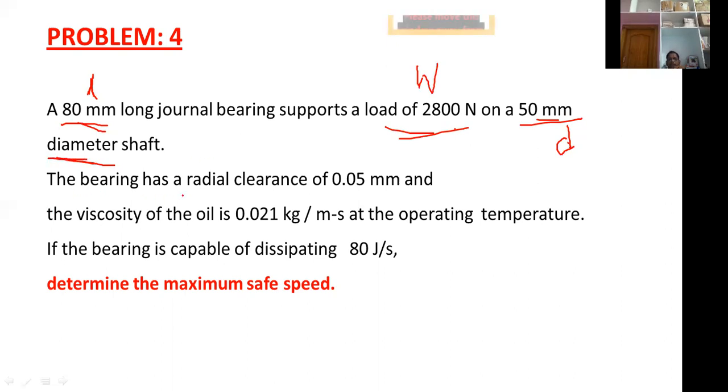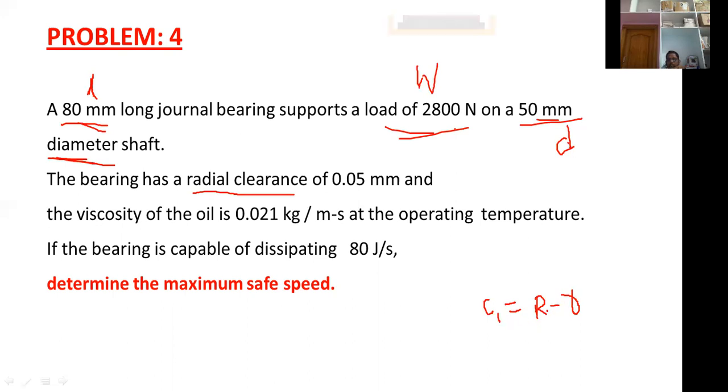Now the bearing has a radial clearance. Radial clearance means C1. C1 equal to radial clearance means the radius of the bearing, capital R, minus the radius of the shaft.